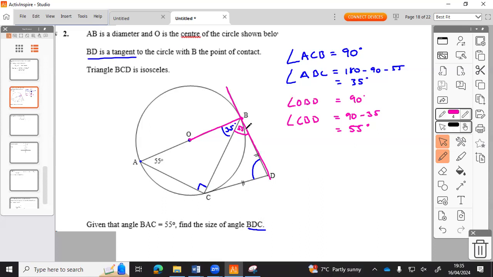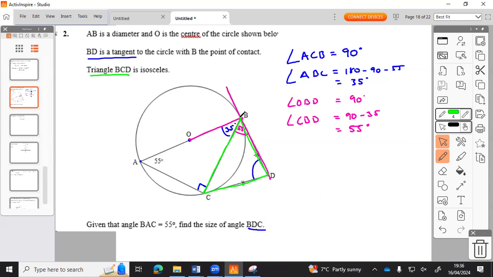AB is a diameter, BD is a tangent, triangle BCD. Is everyone following that up to that point? Yeah. The last bit we're given is that triangle BCD is isosceles. That green bit I've got there is a triangle.